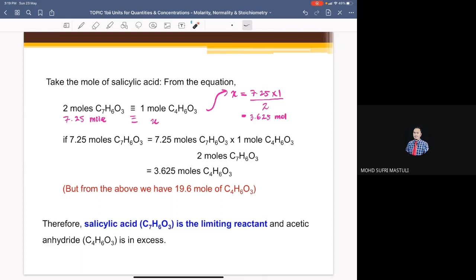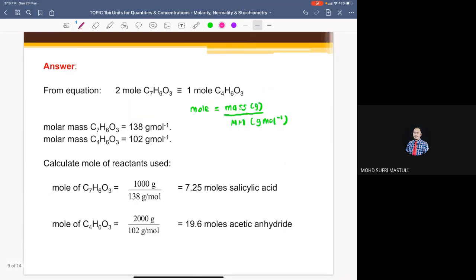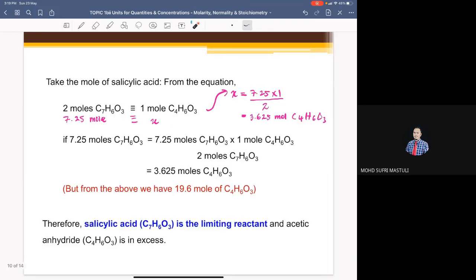This is a mole of C4H6O3. However, from our calculation, we have 19.6 mole of C4H6O3.